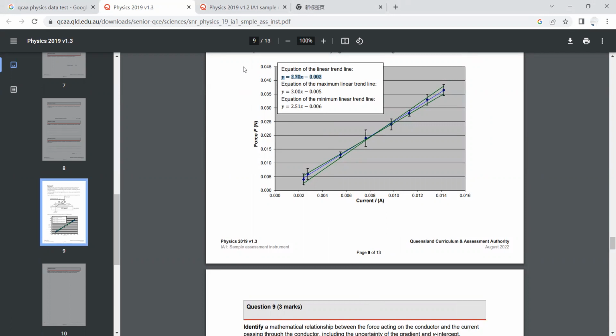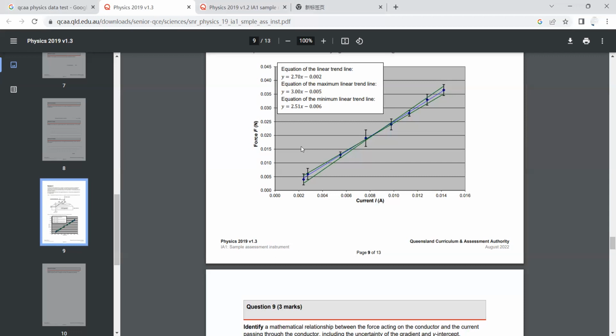We still use the same method that we were given before: the uncertainty equals the maximum minus the minimum, divided by 2. For the gradient, the maximum is 3 and the minimum is 2.5, so the uncertainty there would be 0.25.